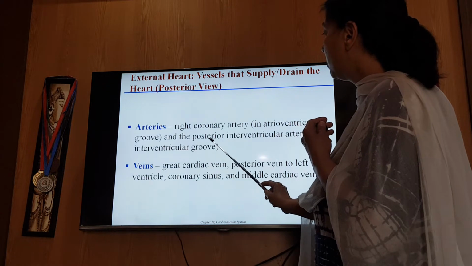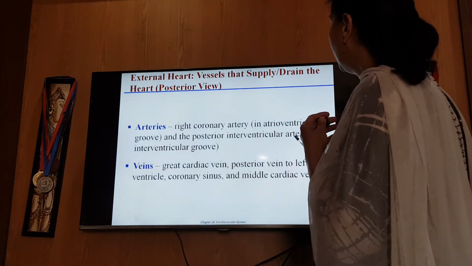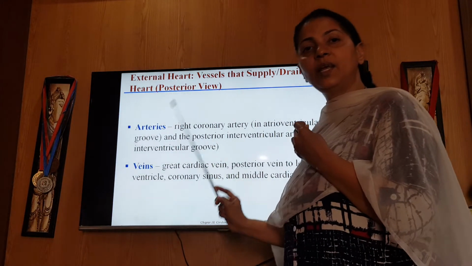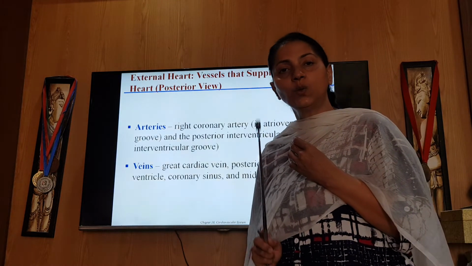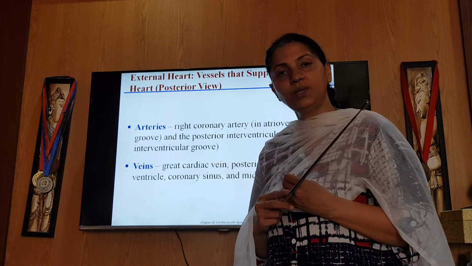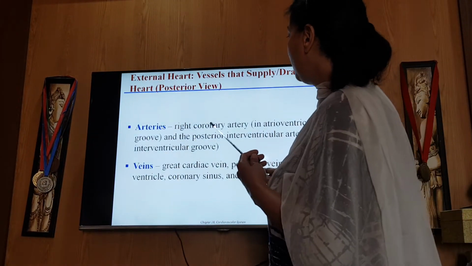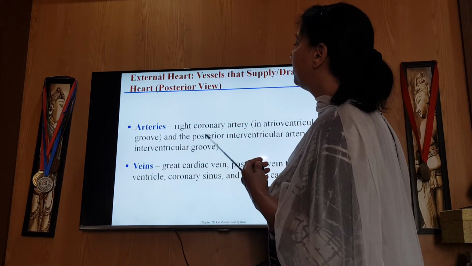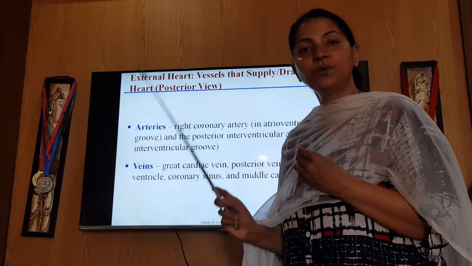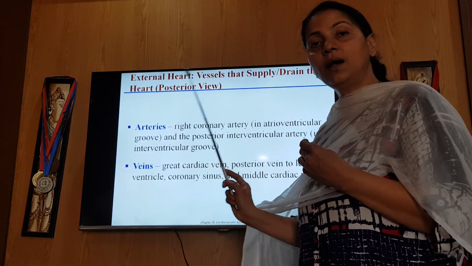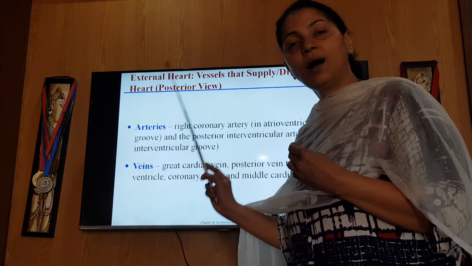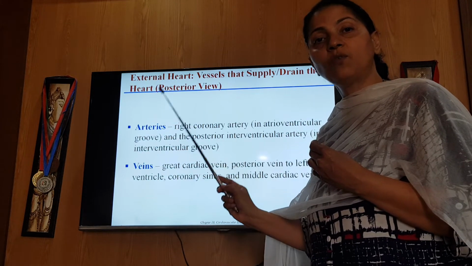From it is going to arise the posterior interventricular artery. The name itself suggests it is going to lie in the posterior interventricular groove. Clear? So these are the two arteries that we will see on the posterior side of the heart, the arteries which are supplying the heart itself, the blood supply of heart.